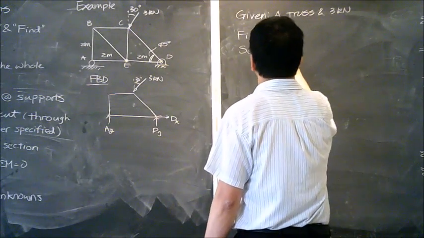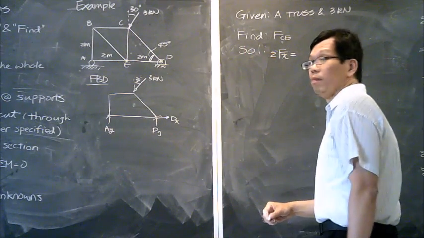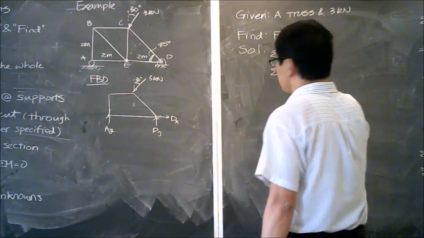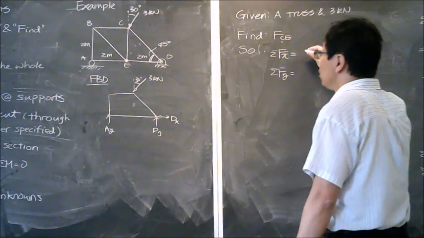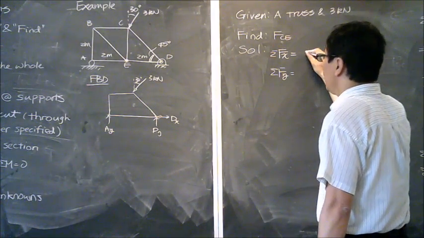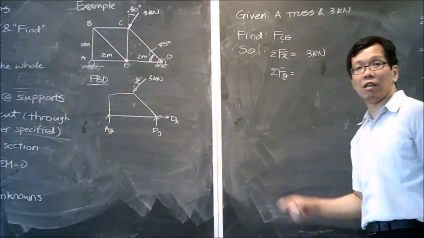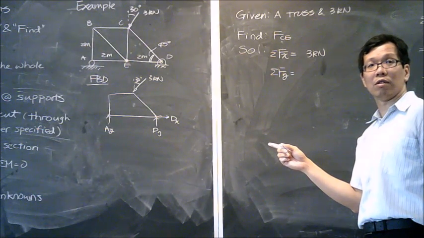Okay, so when I solve for this problem, those two equations are the first two equations you should think about. So I have 3 kilonewton. Is that cosine or sine along the x direction?